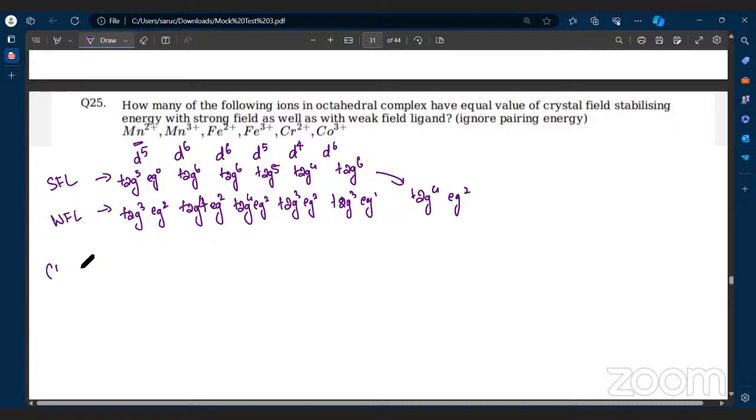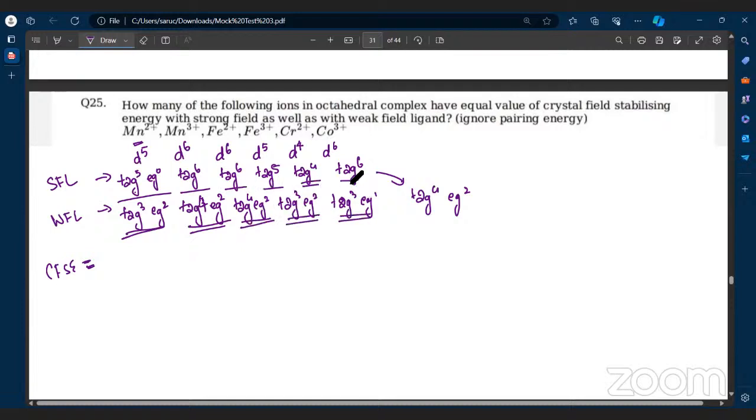Now, are the CFSE for both the strong field and weak field going to be the same? See, none of the configurations is the same over here.